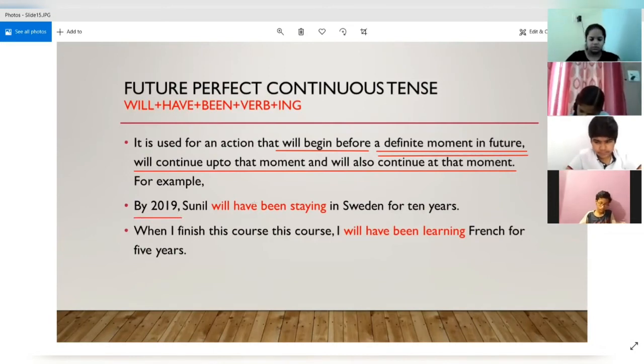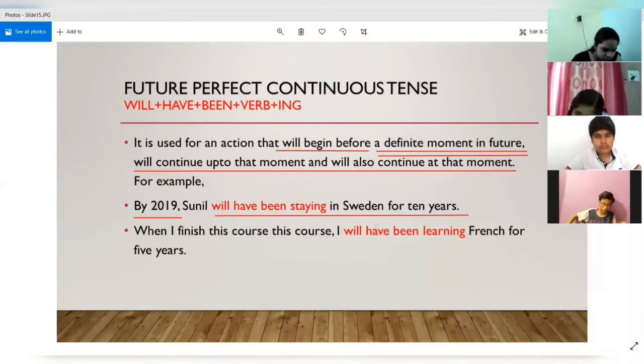And it is saying that Sunil will have been staying in Sweden for 10 years. So this 10 years means that the action is going on and it is still continuing, and we are just telling that 10 years time would have passed. So the action is not already completed because Sunil is still living in Sweden, right? So the action is not complete.